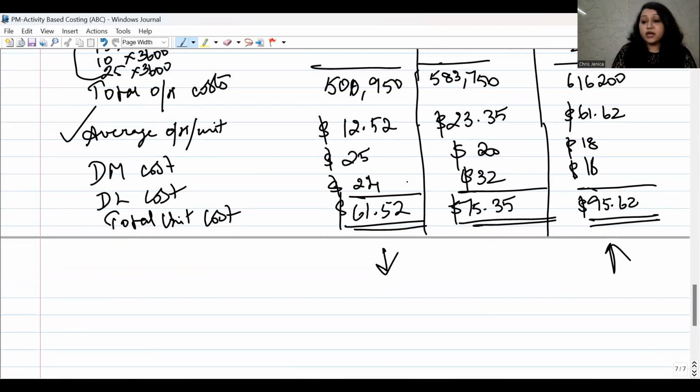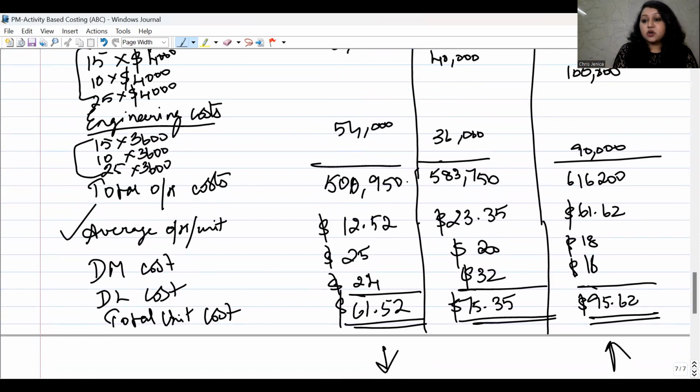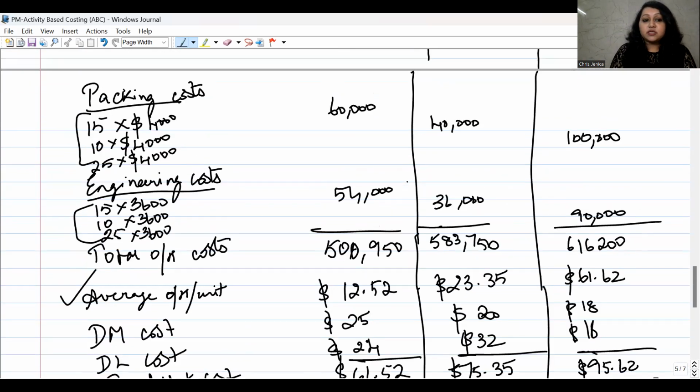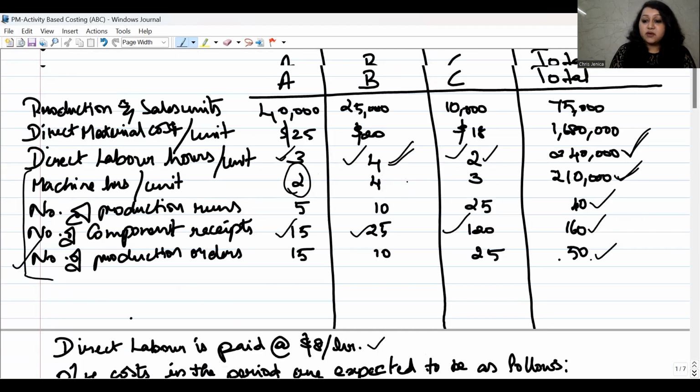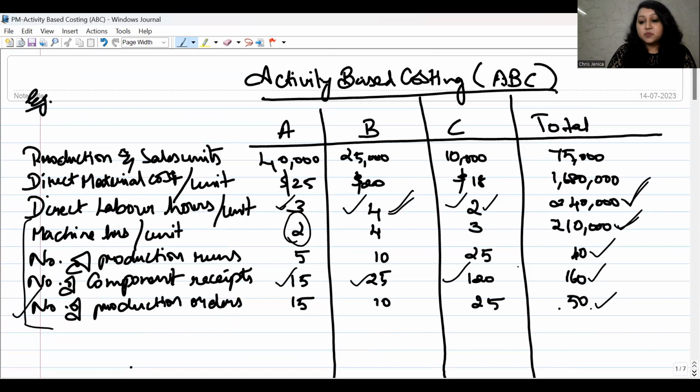Here, actually, you can find activity-based costing is appropriate because we have seen almost our labor hours and our production runs, our component receipts, everything were higher as per product C. Our production orders were higher in product C. Production run was higher in product C, right?